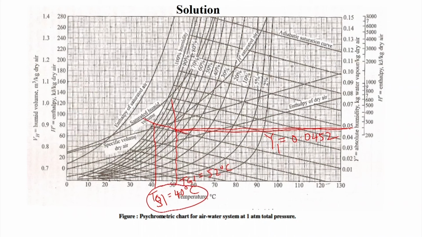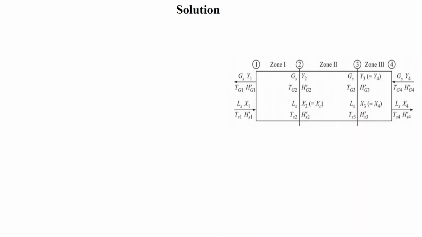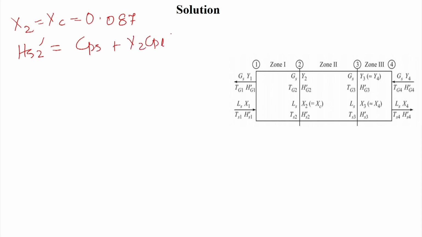Okay. Now, we will get the x2 value, which is nothing but xc, that we have already obtained as 0.087. From there we get Hs2 prime, that is Cps plus x2 into Cpl, the liquid water, into Ts2 minus T0.